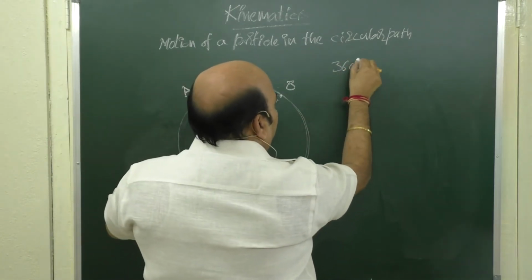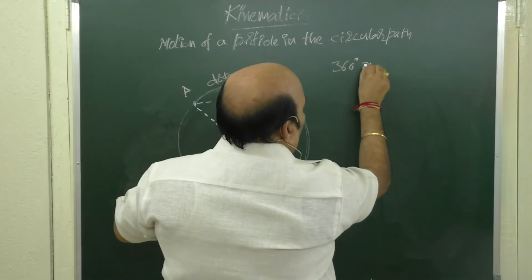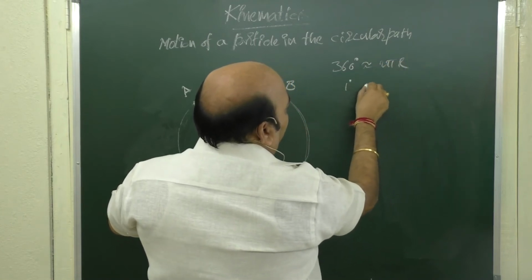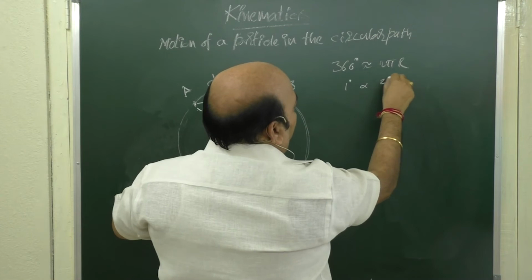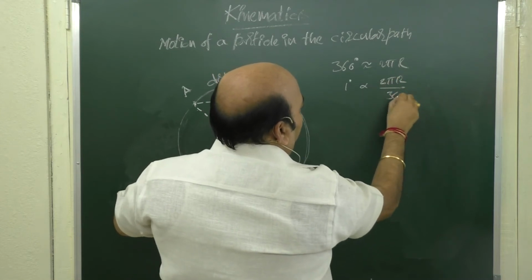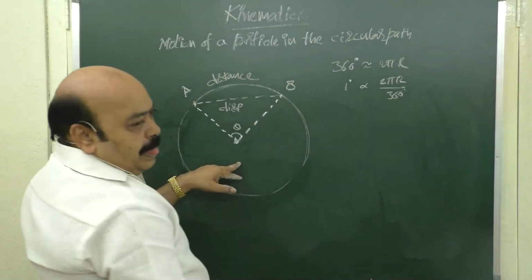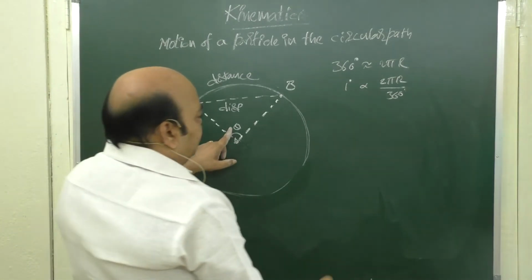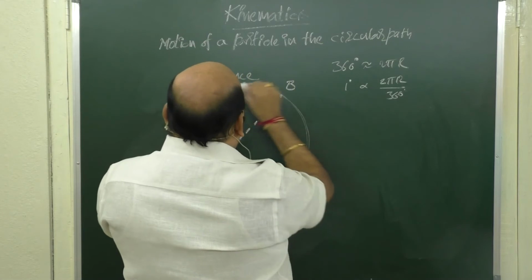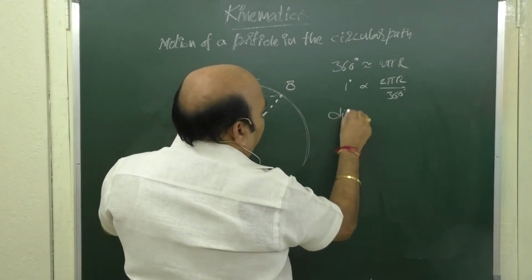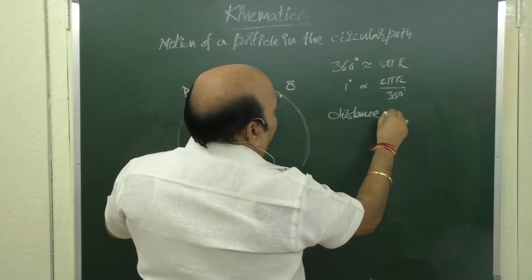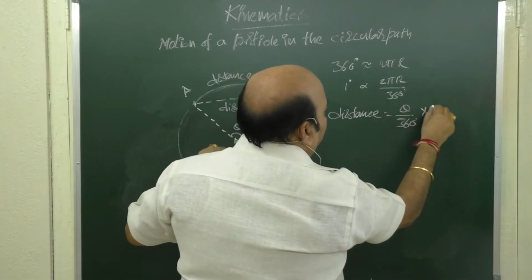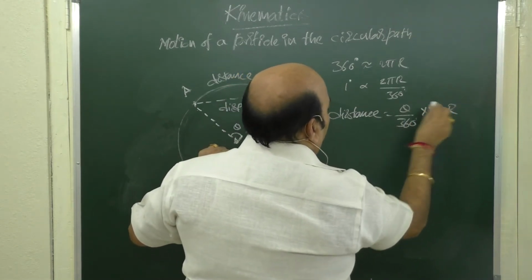My question is, what does 1 degree represent? It is nothing but 2 pi r by 360. That means if it subtends an angle theta, then the distance traveled is theta by 360 degrees into 2 pi r. This is the formula.